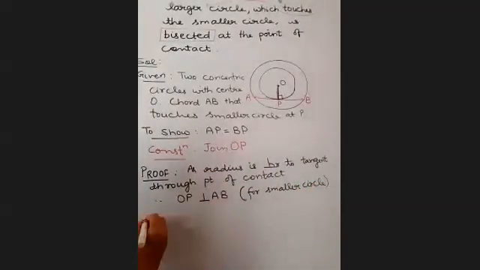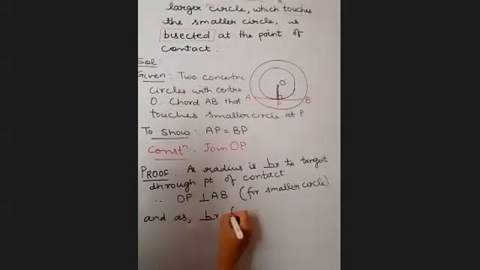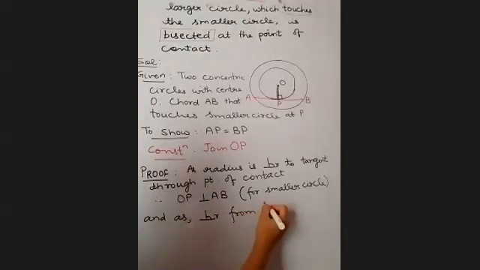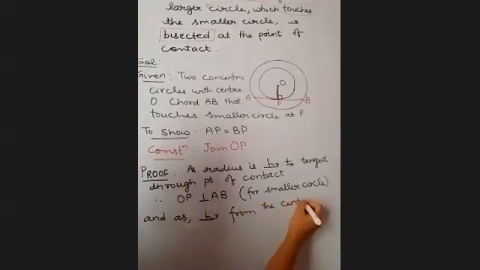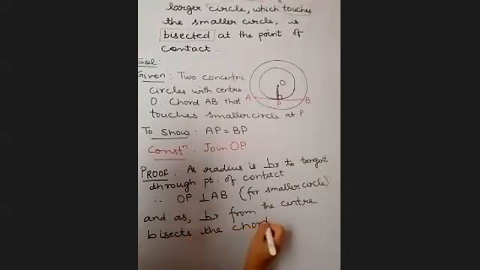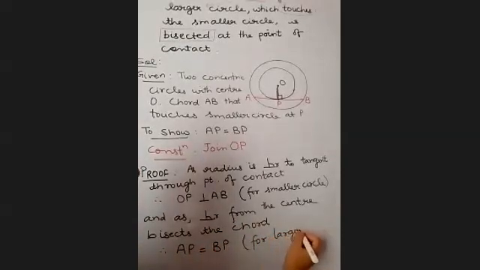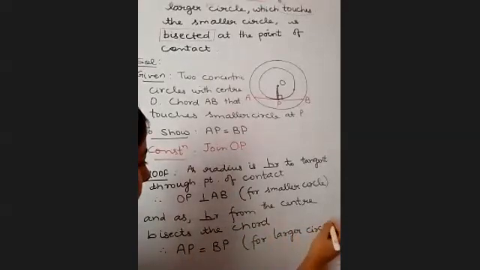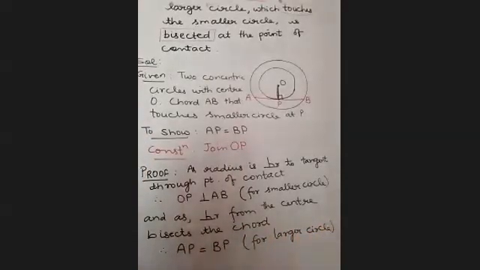And as perpendicular from the center bisects the chord, therefore AP is equal to BP, and this is for the larger circle because the chord is for the larger circle and the tangent is for the smaller circle.